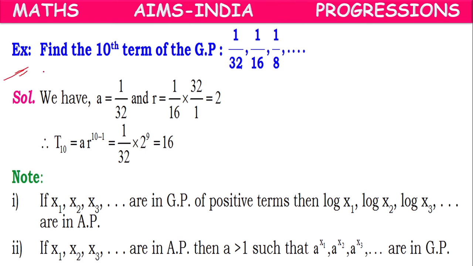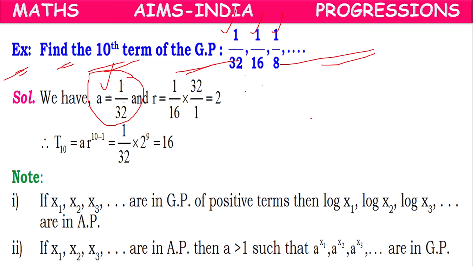Next example, children. Find the 10th term of the GP 1 by 32, 1 by 16, 1 by 8, and so on. Here the first term a is 1 by 32, and the common ratio r is T2 by T1, because the given sequence is a GP.